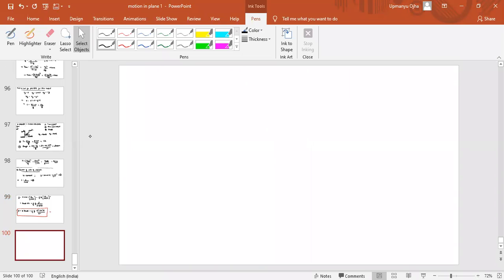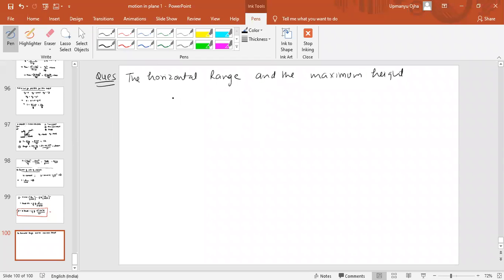In NEET they have asked one problem; see how the question has been asked in the NEET exam. Just write it down: the horizontal range and the maximum height of a projectile are equal.